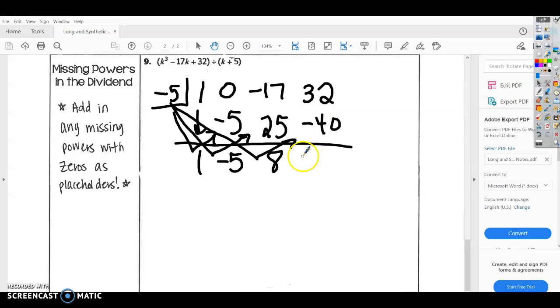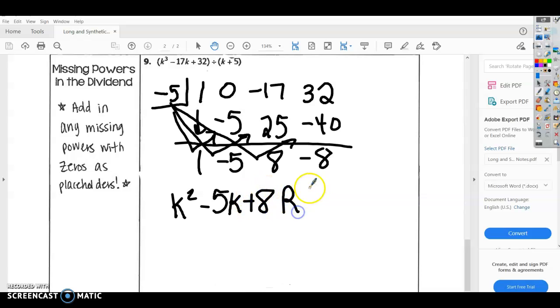And that's going to bring down -8. Again, we divided out a k, so we start with one less than our first term. So we're going to start with 1k squared minus 5k plus 8, remainder -8 over k plus 5.